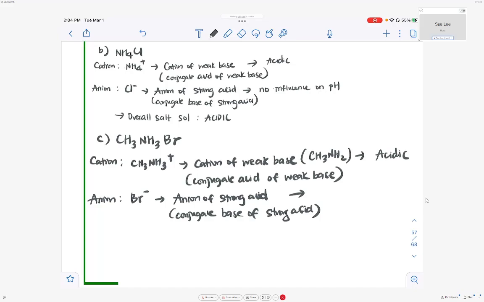It will have no effect on pH. It will have neutral effect. Conjugate base of strong acid has basically no basic property. So no influence on pH. So what happened to the overall salt solution? Overall salt solution is going to be acidic. Why? Because of the presence of this cation, which has acidic effect.